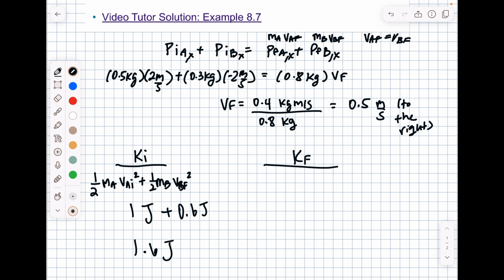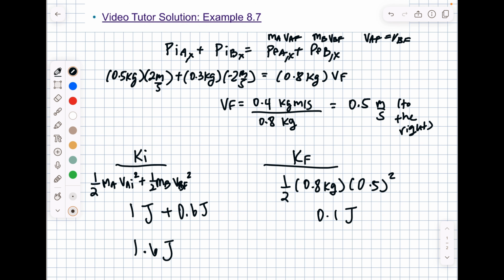Now, after the collision, they are going to be moving together at half a meter per second, right? So we're going to have 1/2 times their total mass times 0.5 squared, and that gives me a kinetic energy of 0.1 joules. Okay, so a lot of energy is lost.